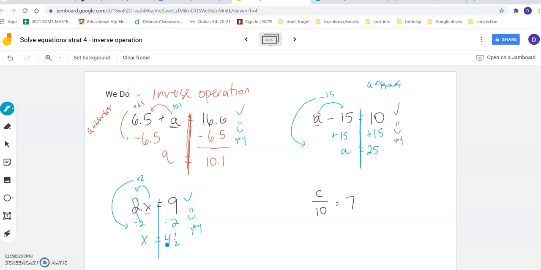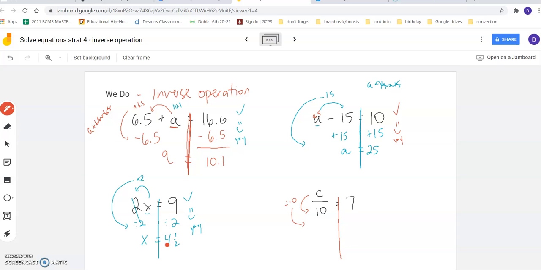Last one. This is the scary looking one, but it's not different than the others. We added, we subtracted, we multiplied. The whole process still works with dividing as well. Looking at my variable here, after I split my equation, c is being divided by 10.